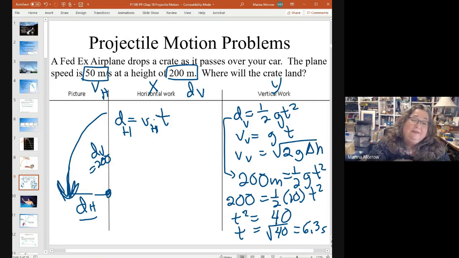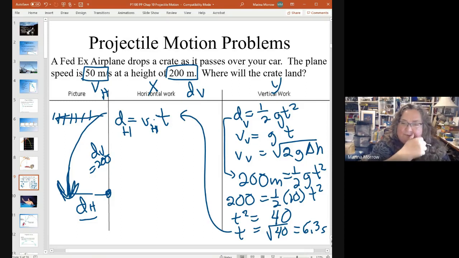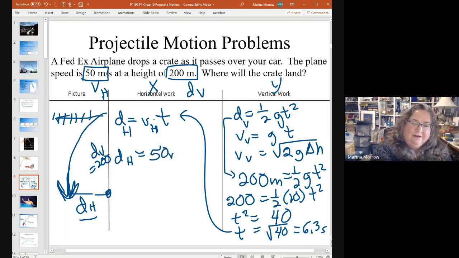But while that's going on, remember that the crate was moving horizontally also during those 6.3 seconds. That's what's going to give us our horizontal distance. So that time can come up here, and we can now have the horizontal distance is equal to v of h, which was 50 meters per second, times the time, and the time is going to be the 6.3 seconds.